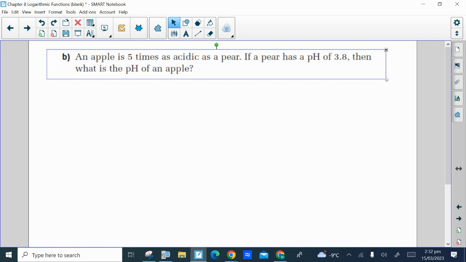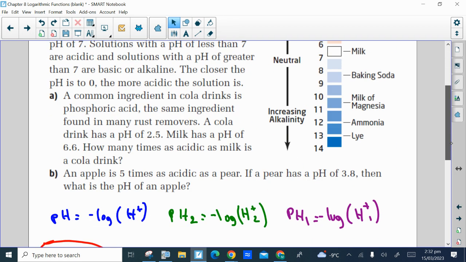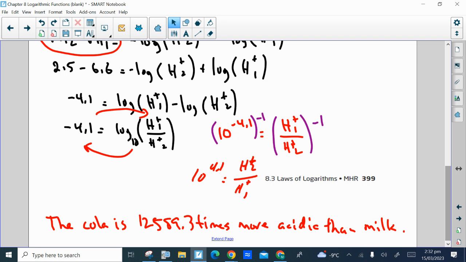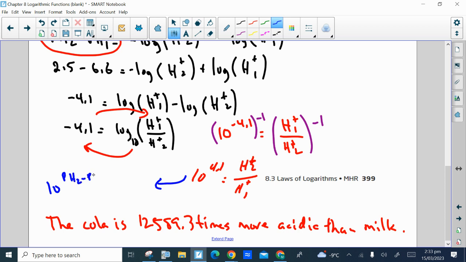Right? So basically, if we look back at the equation that we more or less developed here, this 4.1 came by subtracting the two pH levels. So if we wrote a general equation for this scenario, it would be 10 to the power pH2 minus pH1 equals H positive 2 over H positive 1.